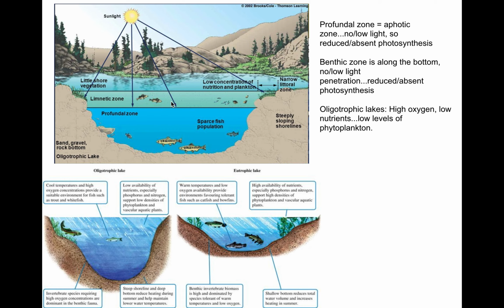Phytoplankton are photosynthetic algae, typically floating on the surface of the lake, so they need sunlight. Remember, the benthic zone is along the bottom, and of course this probably doesn't really get much light at all. So it's really the limnetic zone. The limnetic zone is going to be that photic zone area towards the surface where you have light penetration, therefore you're going to have a lot more of the phytoplankton.